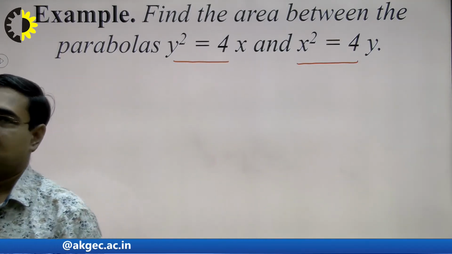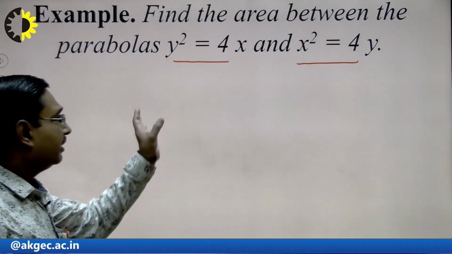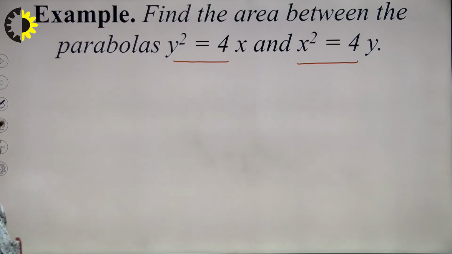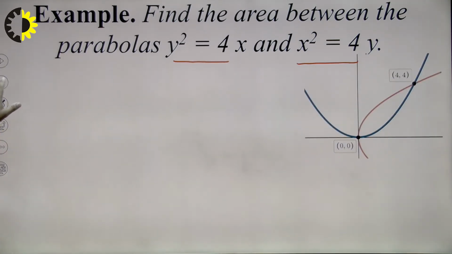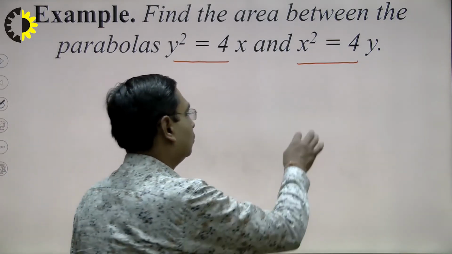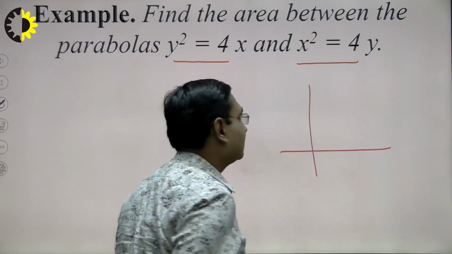These two parabolas are given, and we wish to find the area between these two parabolas. We know that the area will be the double integral over the region. So, I draw the region first.